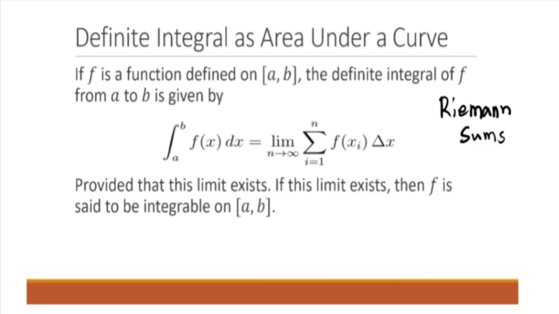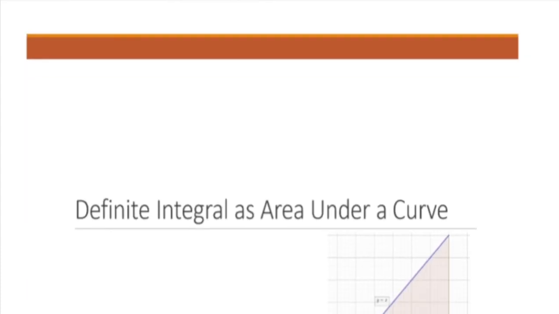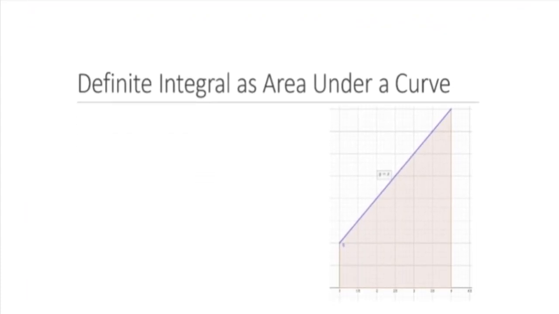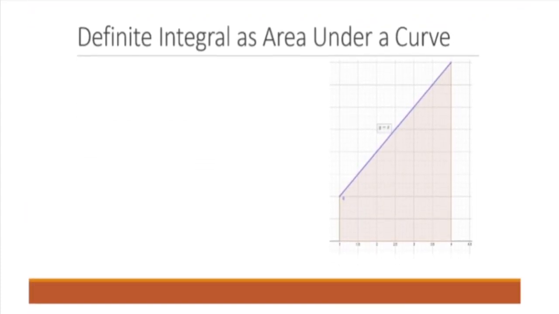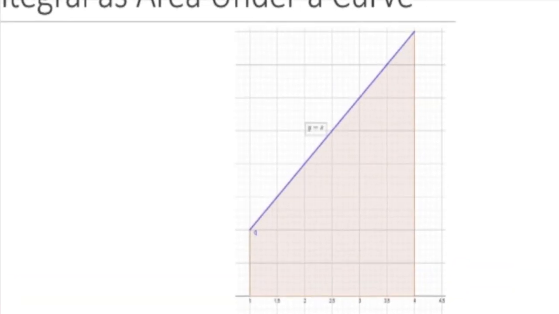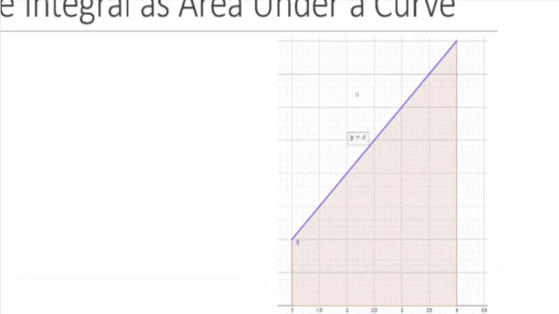Okay, so let's have more examples of using the Riemann sum to solve the area under a curve. Now, let's have this case. This is the graph of y equals x, this time from 1 to 4.